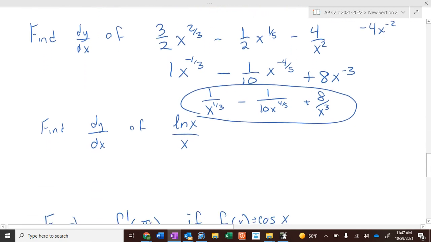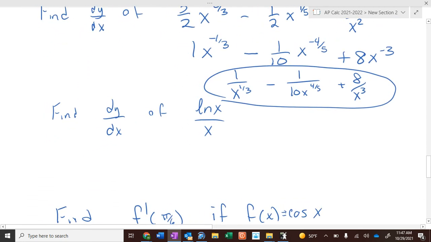Okay. What's the first derivative of the ln of x over x? 1 over x over x. No, 1 over x squared. X squared times 1 over x.